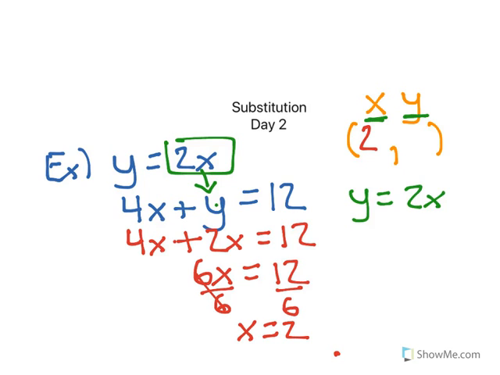But I know that x is 2. So I'm going to put that 2 in for x. So it's going to be y equals 2 times 2, and 2 times 2 is equal to 4. So that's going to go right up here where y is. So in this particular example, our x is 2 and our y is 4.